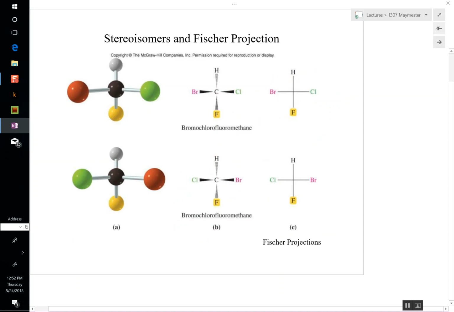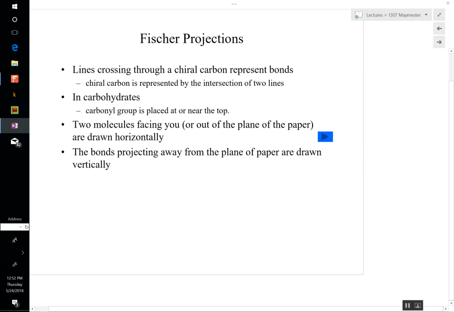Okay, so Fischer was a guy that said, okay, that's kind of a subtle difference. If people just randomly drew these molecules, how would I tell someone what isomer of glyceraldehyde I was working with? So what Fischer came up with was a protocol, a standard way of drawing these on paper.